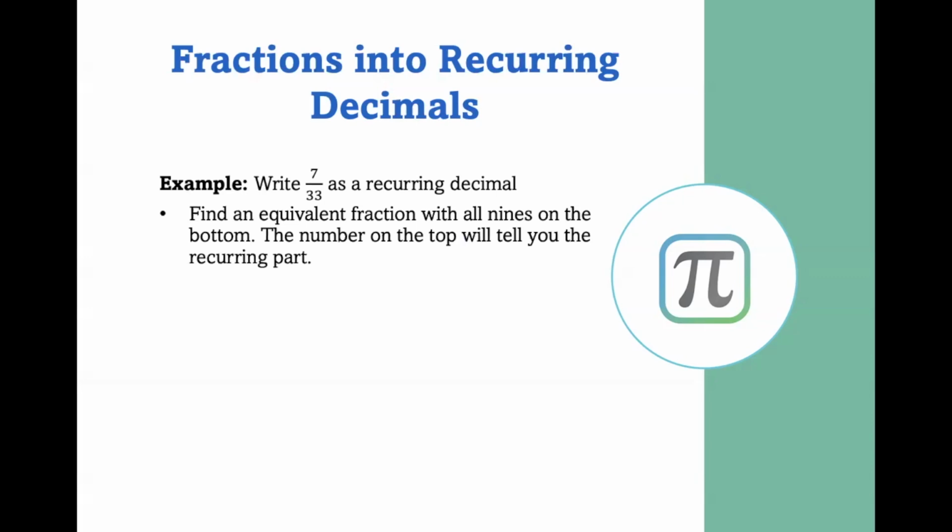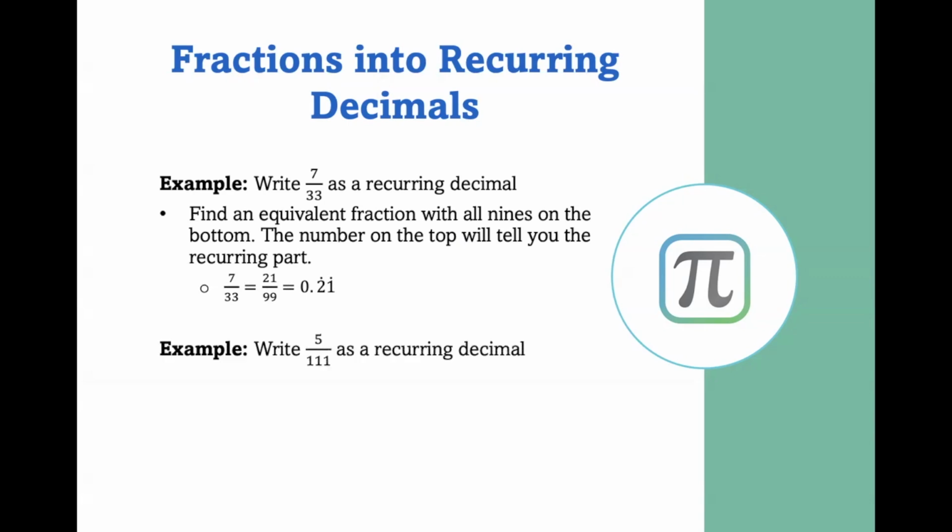And then the top part of the fraction will tell you the recurring decimal. What I mean by this is if we convert 7 over 33 into an equivalent fraction, which would be 21 over 99, then you know that the decimal is 0.21 recurring.